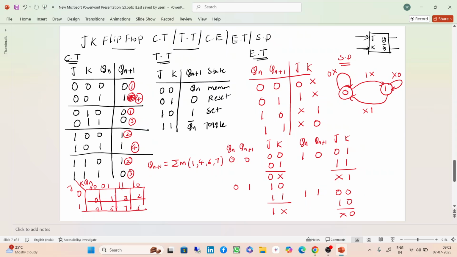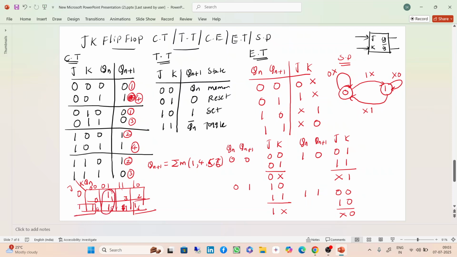I am entering the min terms 1, 4, sorry, this is 5, not 6. So 1, 4, 5, 6. 7 is not there.